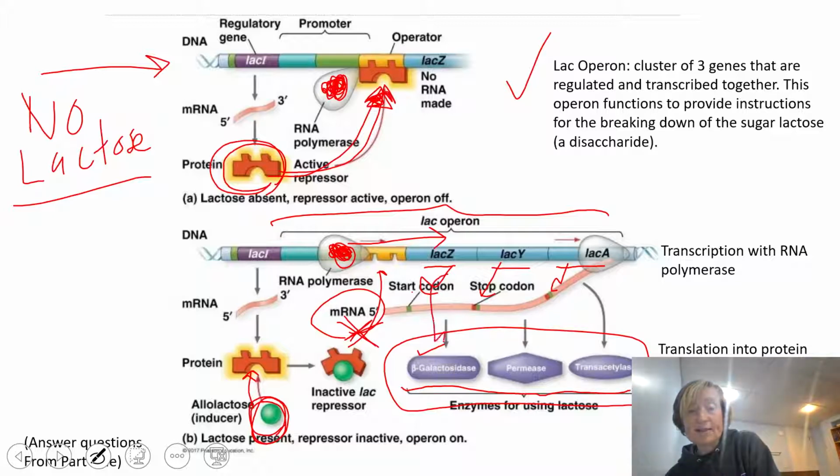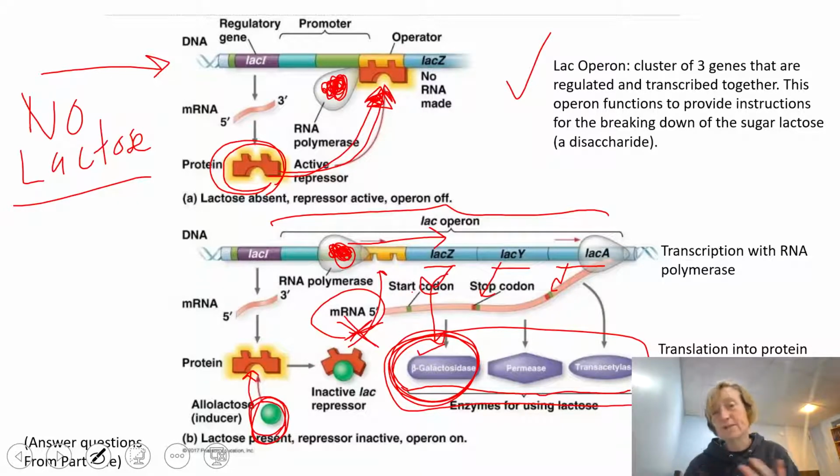The LacZ gene produces this enzyme. Beta-galactosidase is the enzyme that actually cracks or breaks lactose. The other enzymes facilitate this process, but beta-galactosidase is the enzyme that digests lactose. Okay. Moving on to question 4.